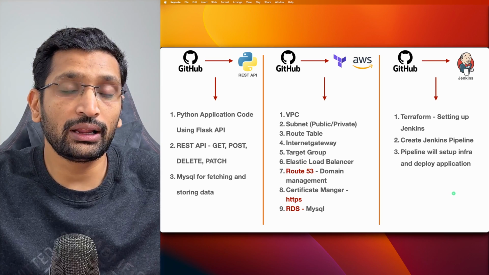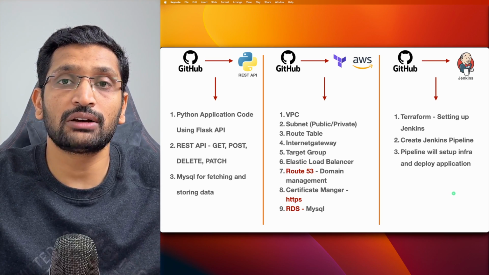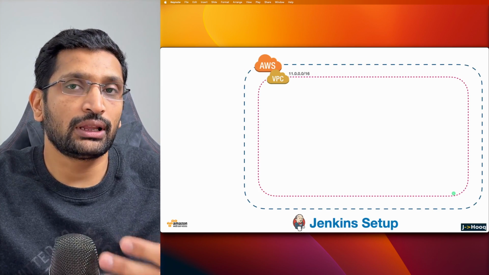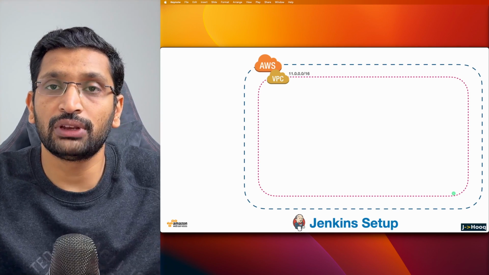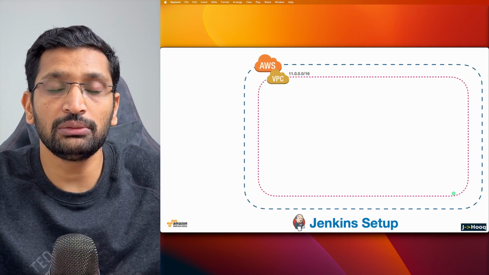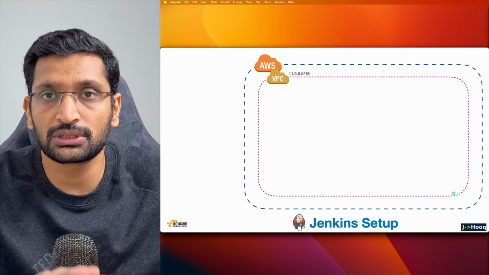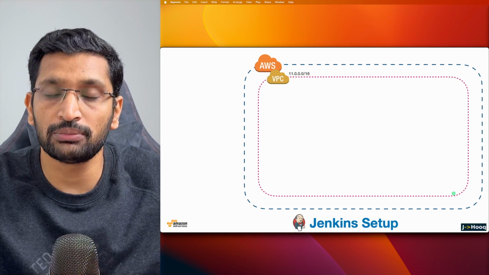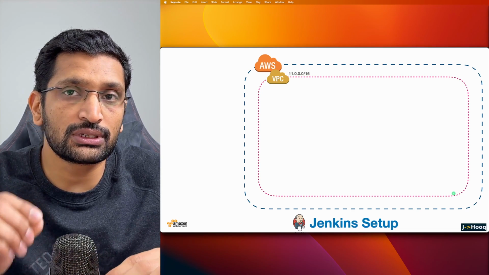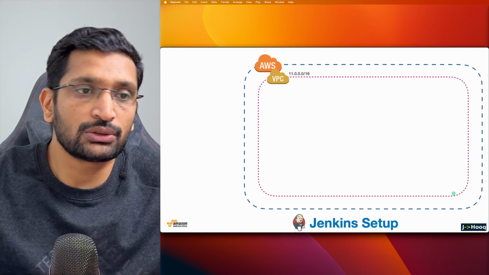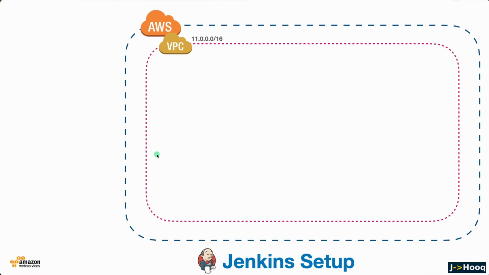Alright, let's move ahead, and the first component we will be setting up is Jenkins. If you move to the next slide, this is the Jenkins setup we need to do. For any setup we will be performing throughout this DevOps project, we will be setting up our VPC. So for Jenkins, the first thing we need to set up is the VPC. Here you can see the first boundary, which is our AWS account, and inside that AWS account you will see a VPC, and in the VPC you will see an IP range.